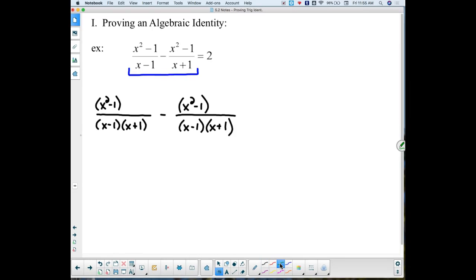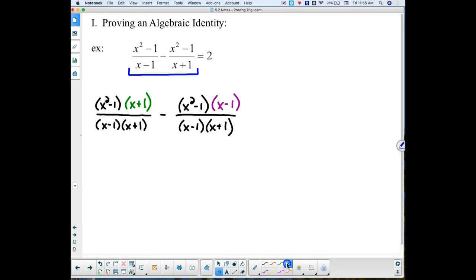Top left one is missing an x plus 1. Top right one is missing an x minus 1. Agree? Okay.